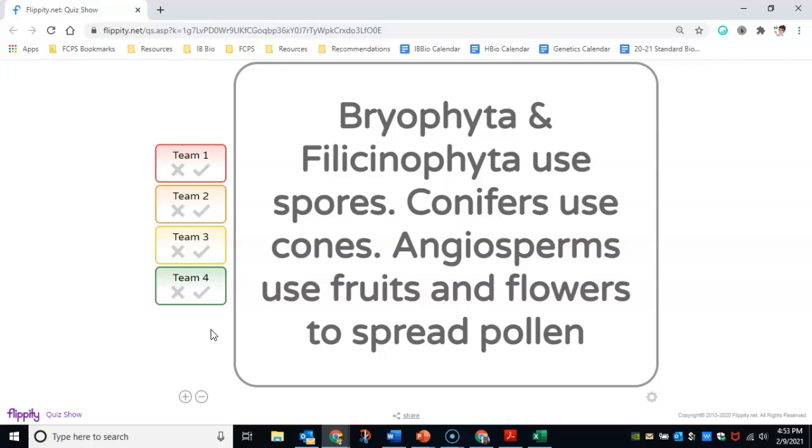When I think of plants, maybe this is just me, I don't typically think of spores. When I think of spores, I think mushrooms, not necessarily plants. So just keep that in mind. They release spores, and then those spores get taken via wind, rain, animals, and are deposited somewhere else for growth. Conifers use cones, right? Pine trees, you know, pine cones. That's the reproductive organ for conifers. And then angiosperms use fruits and flowers to spread pollen.